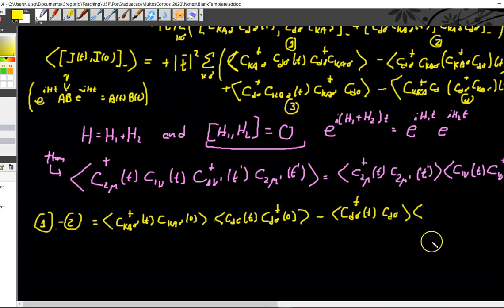Then I'll have CKA sigma times T, CKA sigma at time, no, this is at 0, sorry, this is 0 and this is T. And this is 0 and this is T.